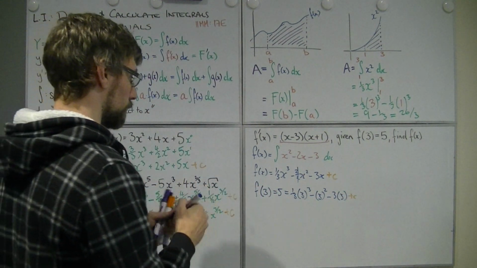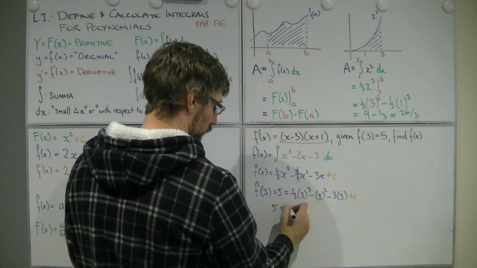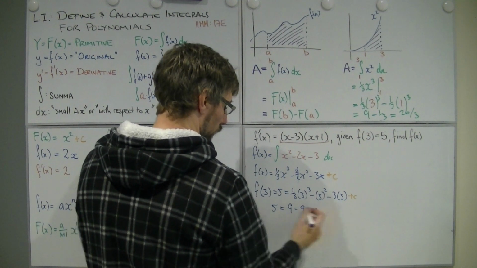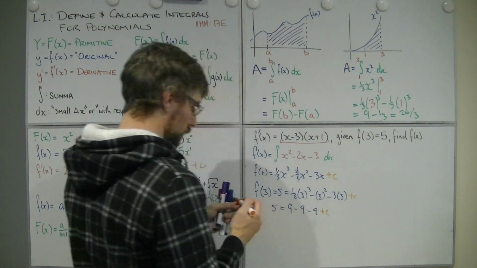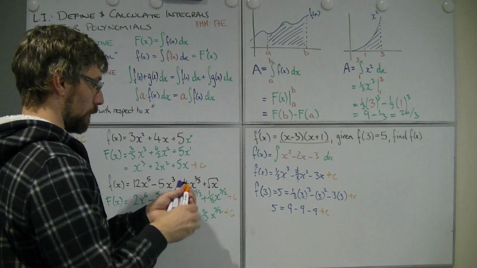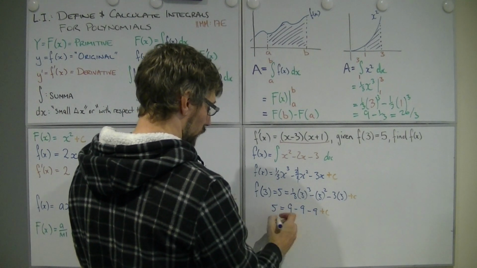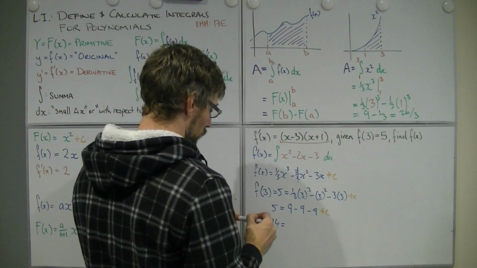Brilliant, okay. So we've got 5 equals, this thing becomes 9, this thing also becomes 9, this thing also becomes 9. They won't always be all 9s. So I've kind of cheated a little bit to make the math nice and easy to follow. So these two kill each other, add that to the other side, get 14 equals c.